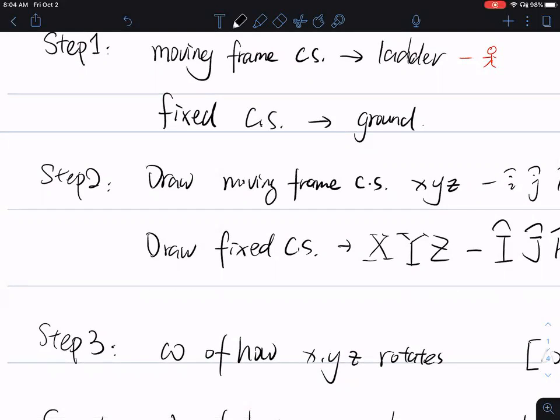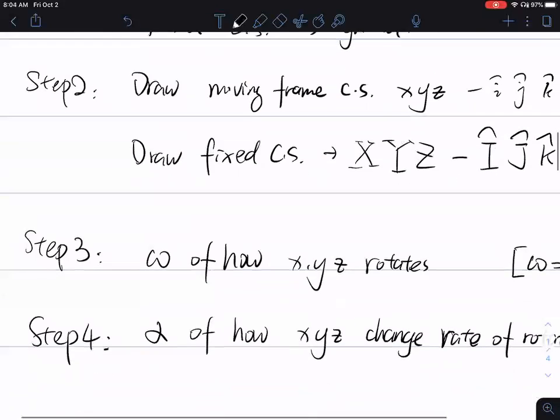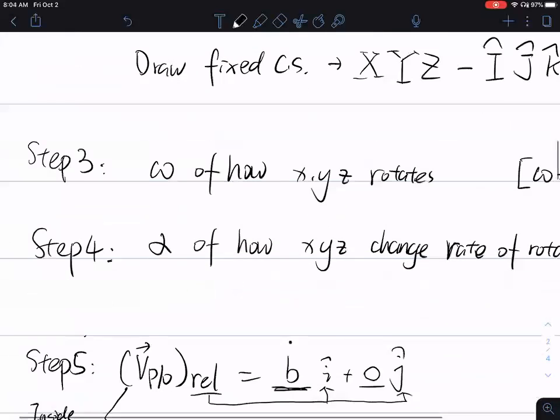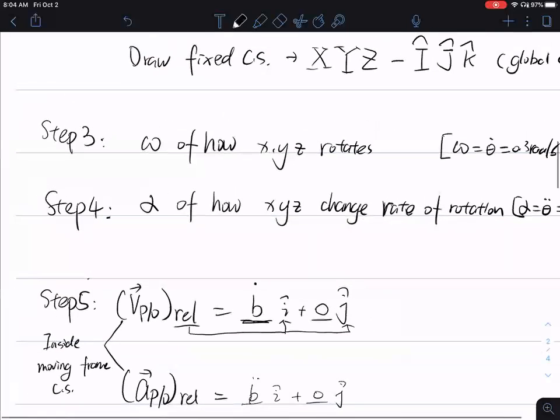Whenever you know where your moving frame coordinate system is, you want to draw a stick figure on that coordinate system. And step 2 is to label little xyz and capital XYZ. Step 3 is to find omega, which is the angular speed of your local coordinate system.